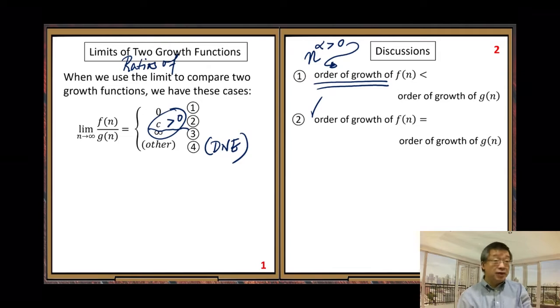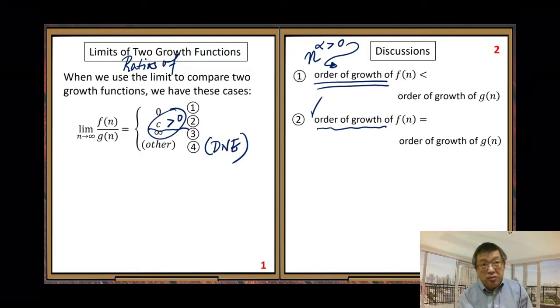We don't do characterization here. Whatever value it is, if it is positive, then it does not affect the order of growth. Try to understand this point. Sometimes the C could be 1 million or 1 billion.